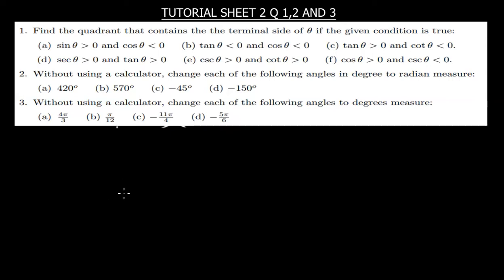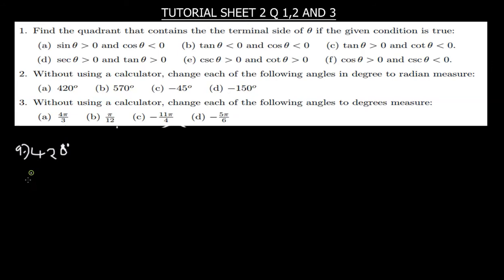All right, let's see this. So you've been given your A to be 420 degrees, and they're asking you to convert it to a radian measure.